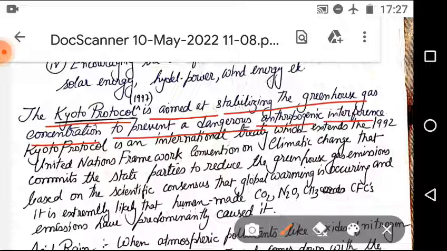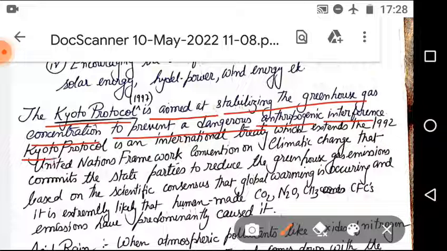So the Kyoto Protocol in 1997 came into play by the United Nations actually, and they want to minimize the use of greenhouse gas. For that, they make certain laws for our respective countries.